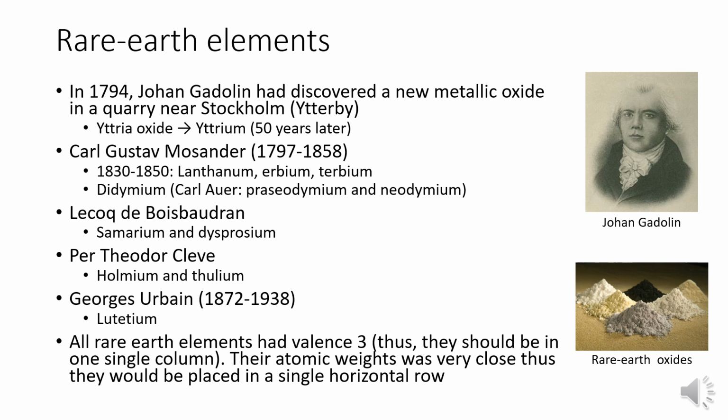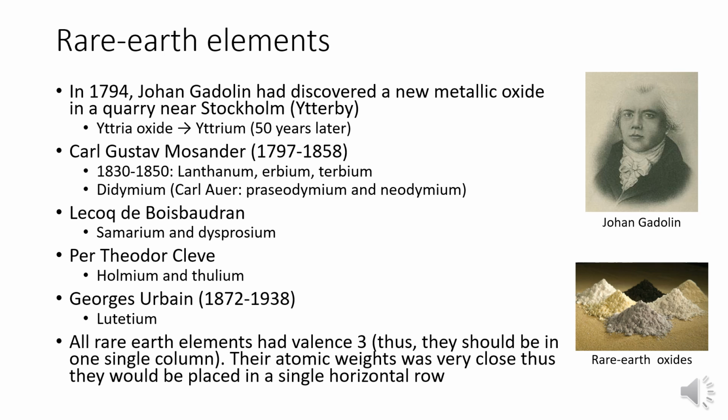And he believed there was a fourth one, didymium, but later Carl Hoyer discovered that this was not a single element, but in fact two: praseodymium and neodymium. Later Lecoq discovered samarium and dysprosium, and Per Theodor Cleve discovered holmium and thulium.